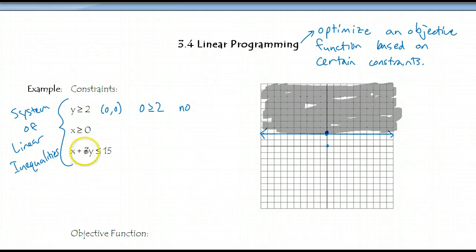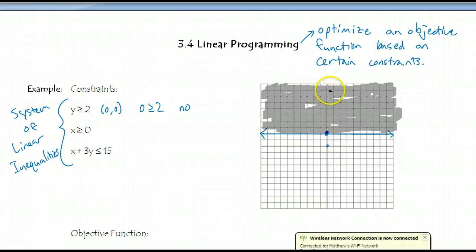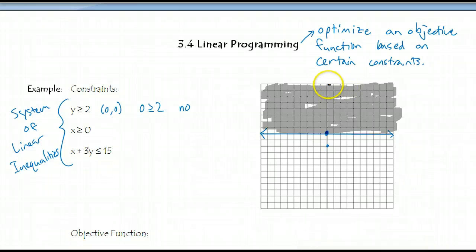My second constraint is the line x is greater than or equal to 0. Well, x equals 0 is a vertical line, so I'm going to start by graphing a vertical line through all the points where x equals 0. Now I need to test a point not on the line.